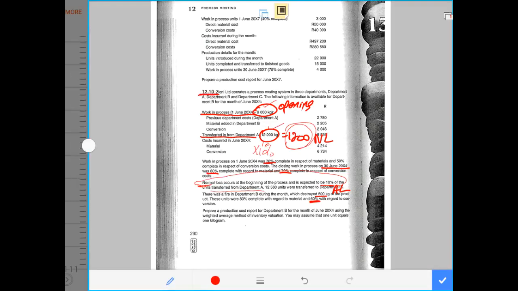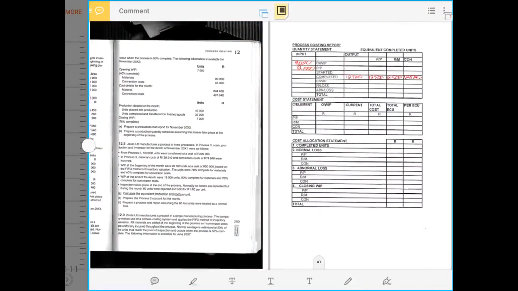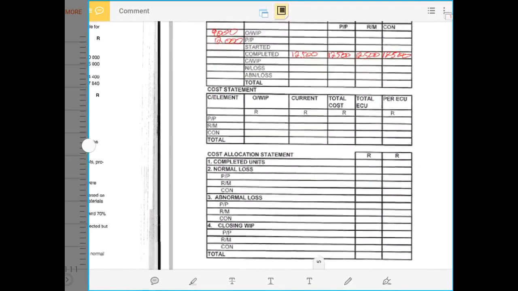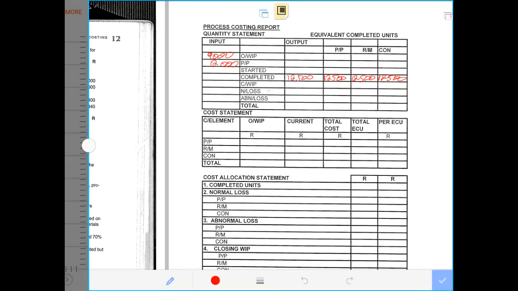This will give us 1,200 kgs, and those 1,200 kgs will be recorded under the normal loss. And our normal loss will only record this N loss. This is normal loss, 1,200 units.